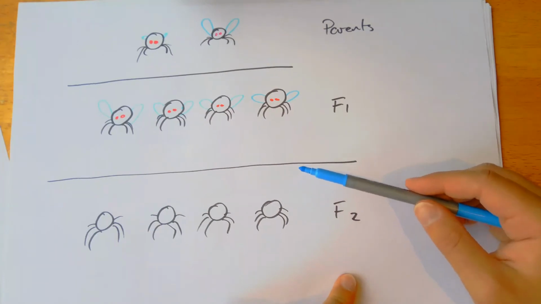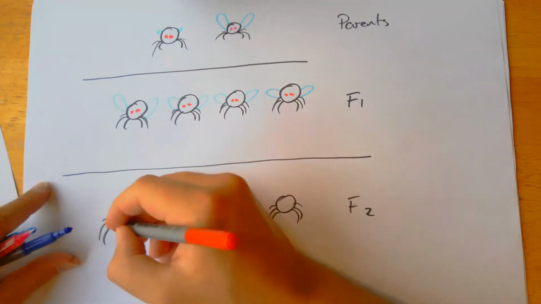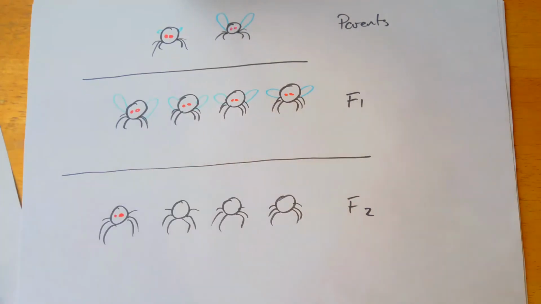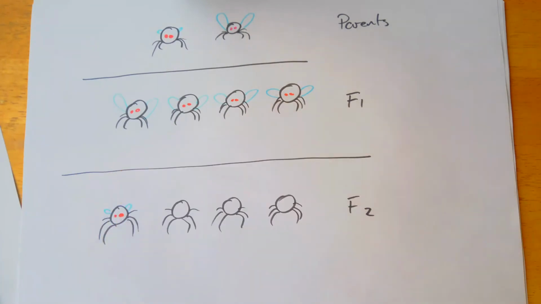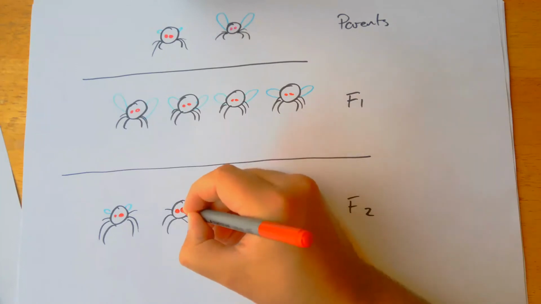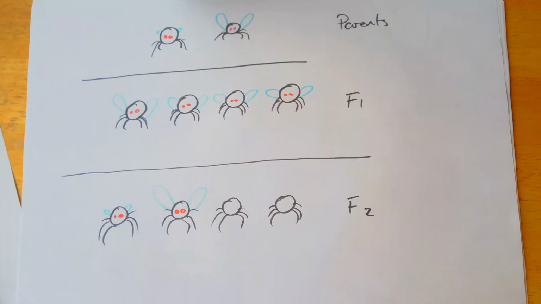and they produced different results. So we had red eyes with vestigial wings, so some red-eyed flies with tiny wings. We had some red eyes with normal wings. We had some pink eyes with vestigial wings.